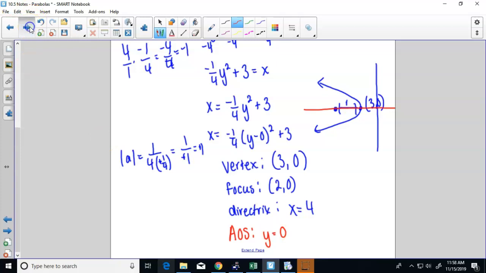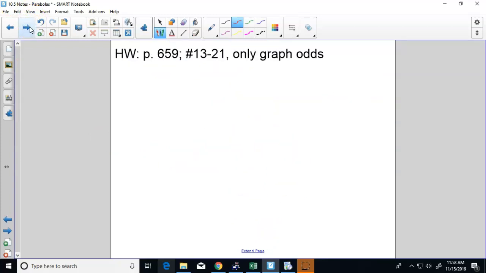Alright, and we did not get to those x and y intercepts. Let me look in the book real quick and see. I'm not going to make you graph any. Let me look in the book and see if that is something you have to do anyway. I don't know if it is. Let's see, 13 through 21.